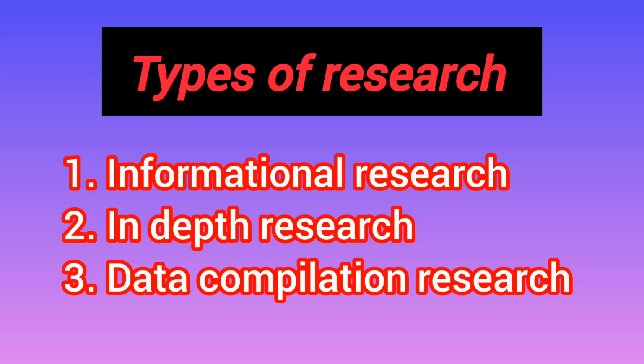In-depth research, you have to search reputable scholarly articles found online. You read them, you extract key information in a research paper or a presentation. This is the type of research mostly done in school. For data compilation research, you have to find sought after information and you compile it in a spreadsheet. This basically involves data entry.